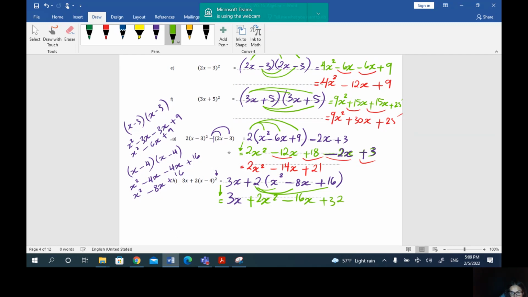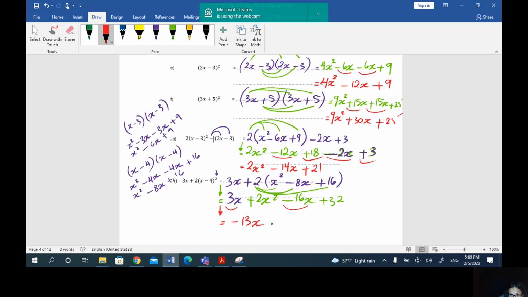Now, last step, we must collect like terms. So 3x is a like term to minus 16x. So 3x minus 16x is minus 13x.